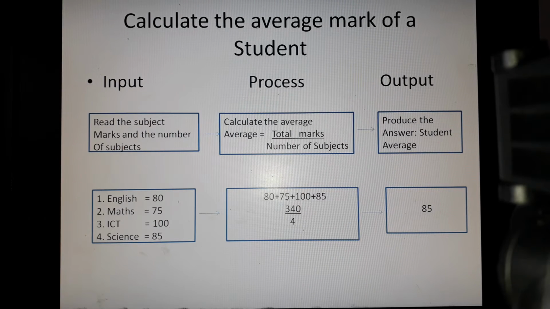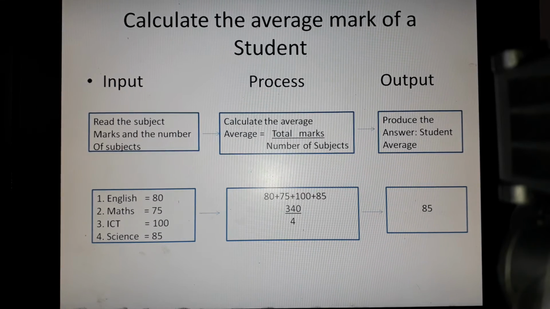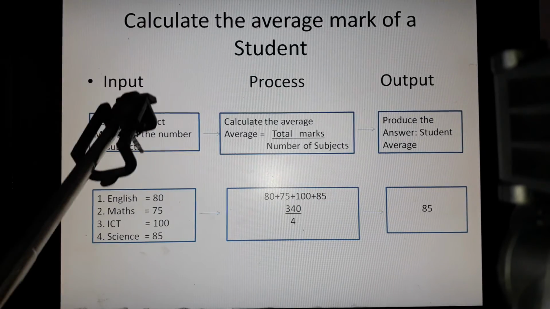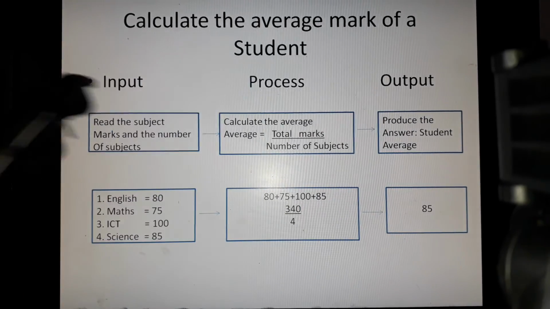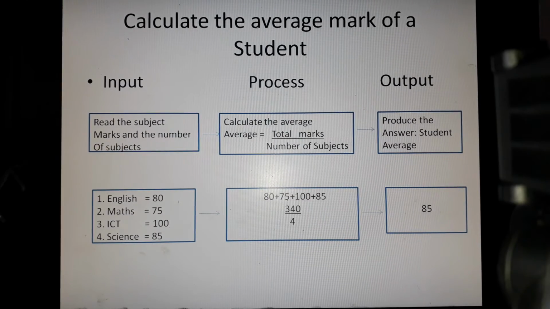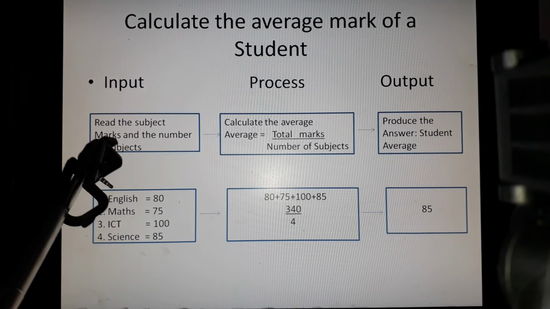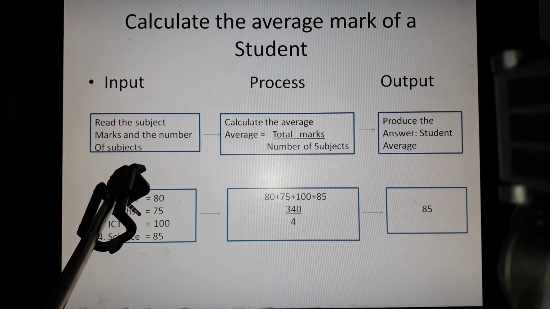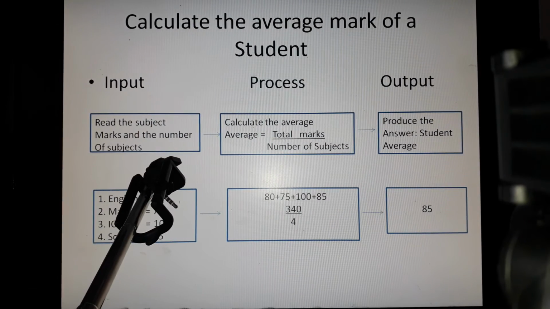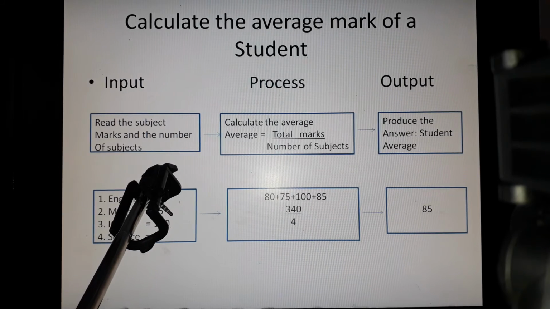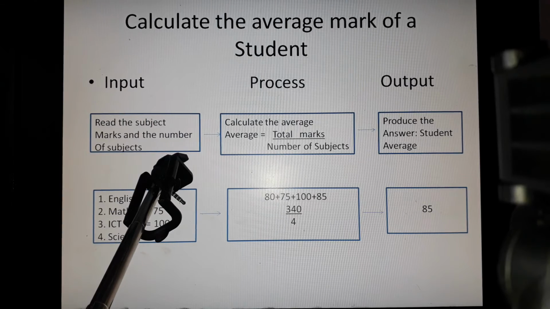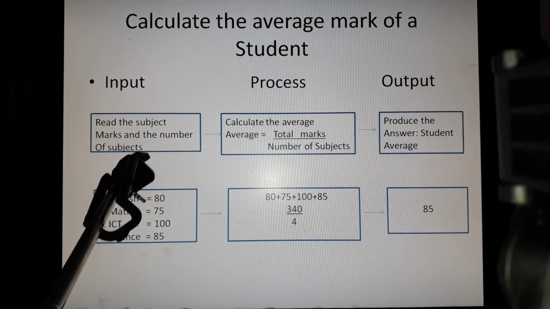Calculate the average mark of a student. Input, process, output. This is the basic function of a computer system. To calculate the average marks of a student, read the subject marks and the number of subjects done in the exams. That is input.